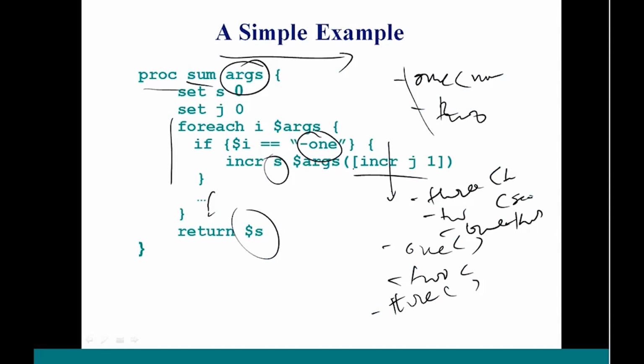And one more thing is, instead of using if, you can also use the switch command. I hope you remember the switch command. The switch command is essentially doing a similar kind of thing, equivalent to a multiple if command.